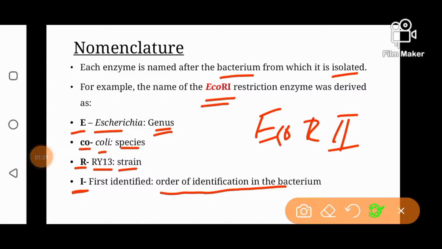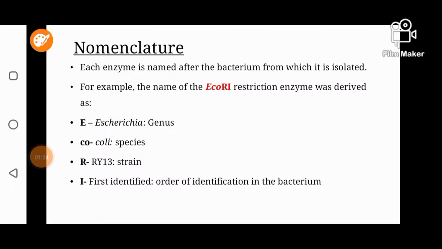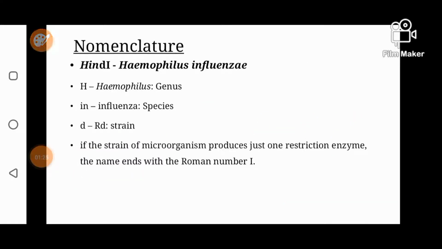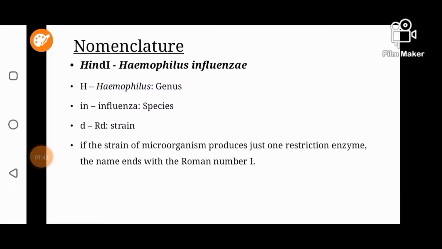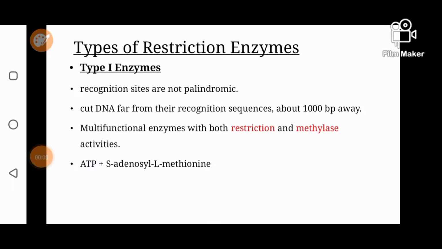So this is how the enzymes are named. In the same way, HindIII is also named, which is isolated from Haemophilus influenzae. HI came from Haemophilus, which is a genus name, IN from influenzae, and D came from the bacterial strain, which is RD. Okay, so this is how these enzymes are named.